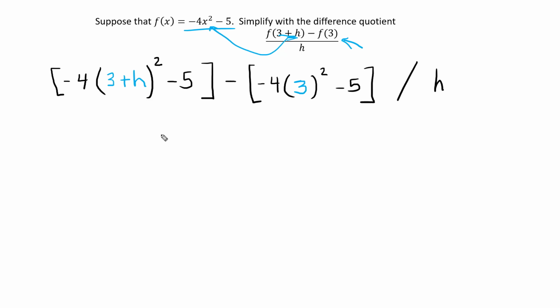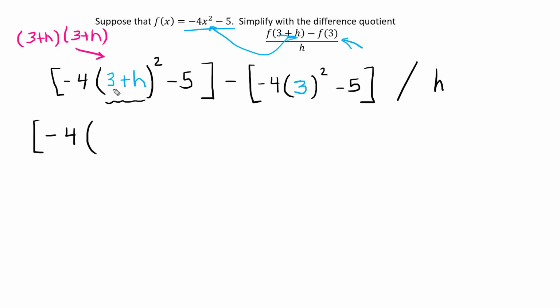I'm going to write it out to the right so hopefully I don't run out of room. All right, now we just want to simplify this. So the big thing to remember is this piece right here is actually FOIL, right? You remember FOIL? Oh, we were good buddies once. That means you're doing this. So that's 3 plus h times 3 plus h. If you remember the shortcut, if not, you're foiling it.